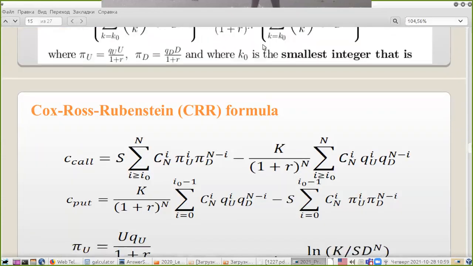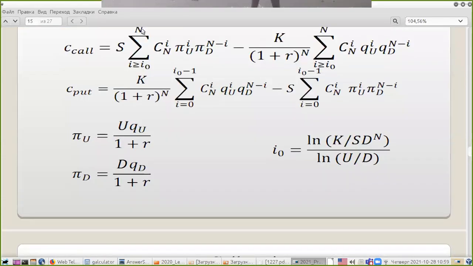Understand? So without this sum, and this sum is in fact the probabilities coefficient. And the value of this formula is exactly in these sums, in these probabilities coefficients, because the formula S minus K divided by 1 plus R to the power N does not always work.